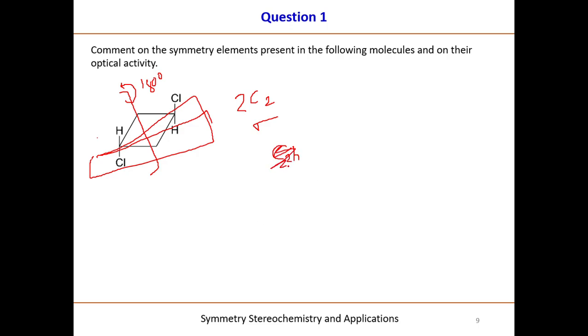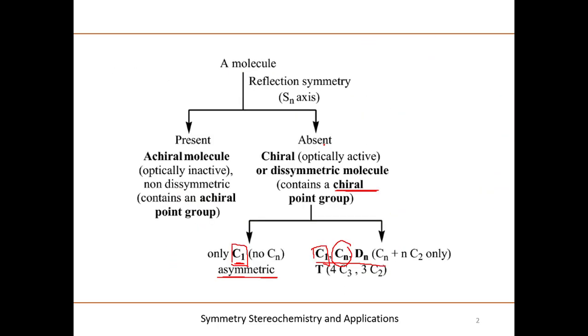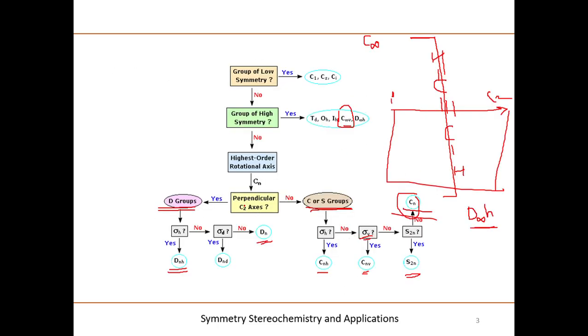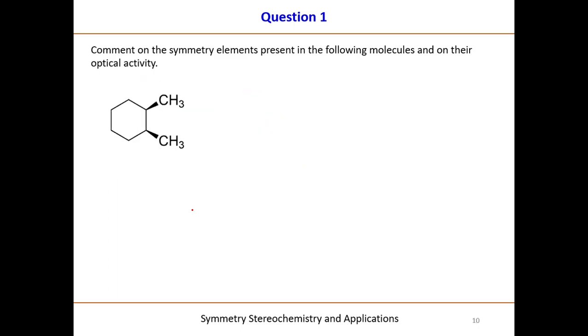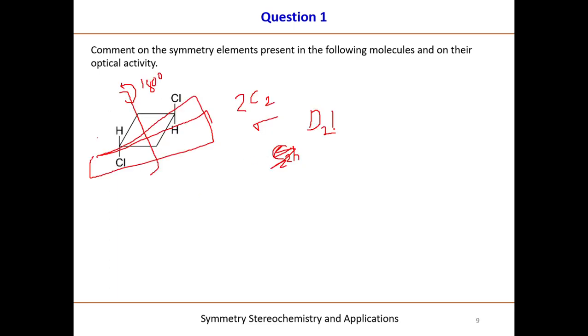Sorry, because we have both the principal as well as the subsidiary axis, it will become D2h. Here you can see the perpendicular C2 axis is present, and the highest rotation axis is C2 only, so we have a D group. So because a horizontal plane is present, the point group of the molecule will become D2h, which is an achiral point group.